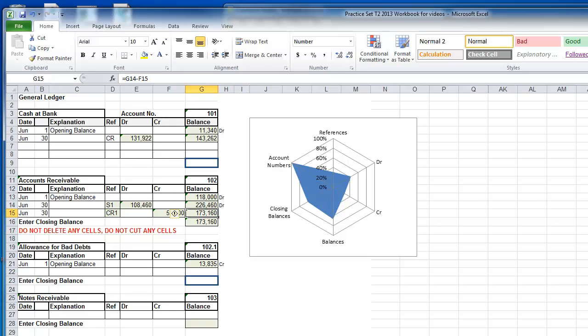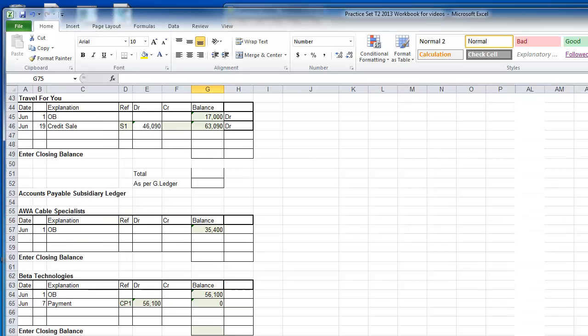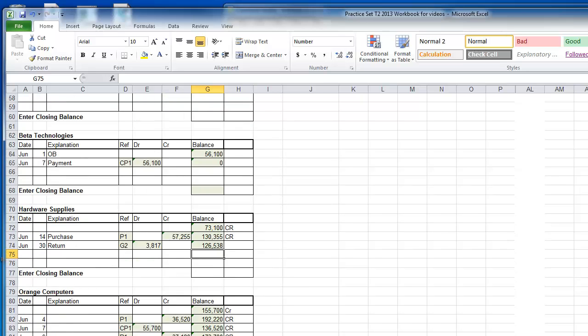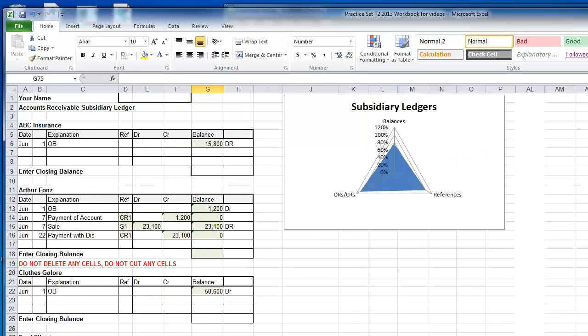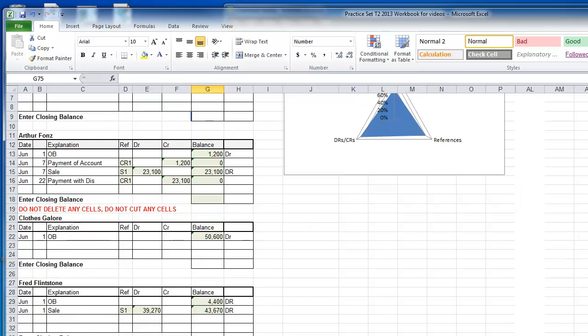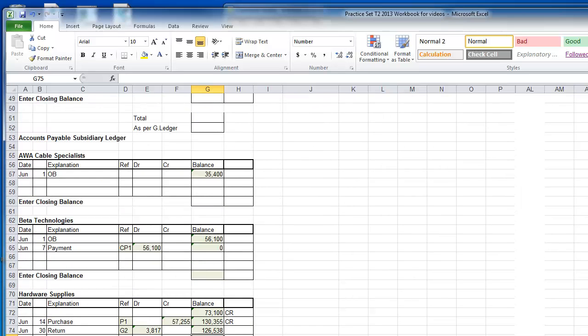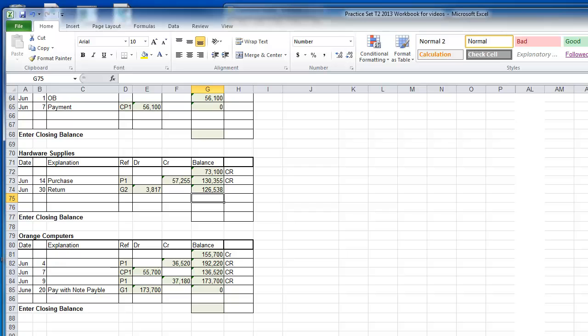Now, one other thing we should do is check that to somewhere. Now, where should we check that to see if it's correct? This is accounts receivable. So if we go to accounts receivable, subsidiary ledger, what we can now do is add all of these items up to see, as per general ledger. I've gone too far down.